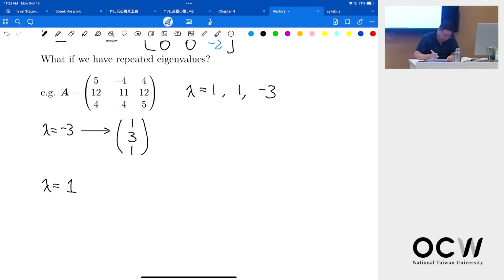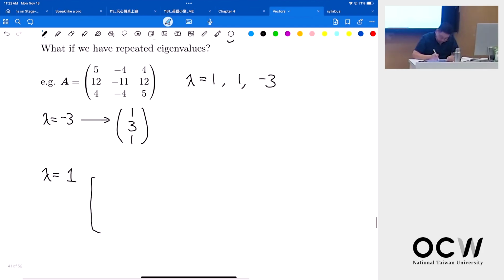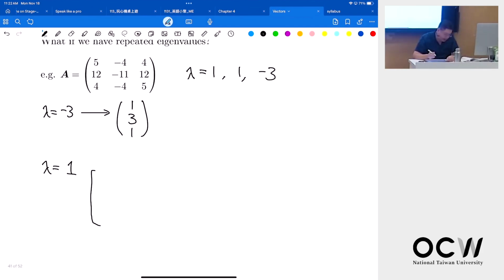So first, let's see. A minus lambda I. So 4, 12, 4. Minus 4, minus 12, minus 4. And 4, 12, 4.